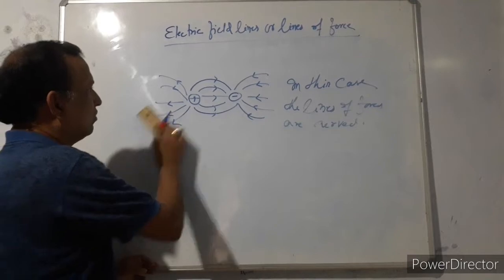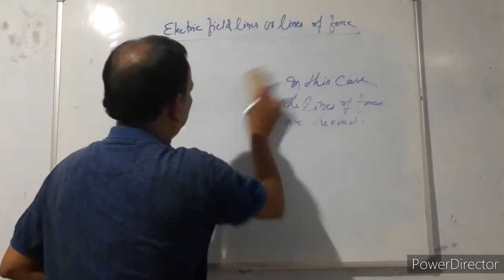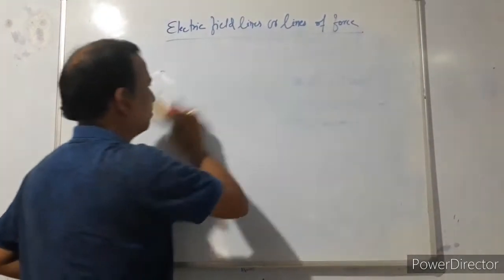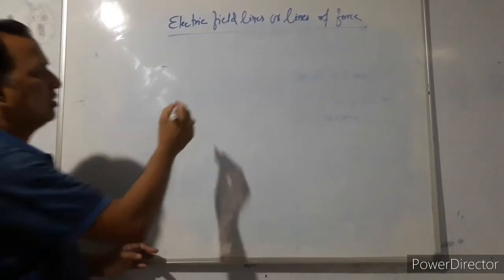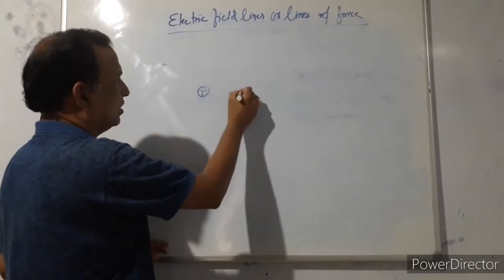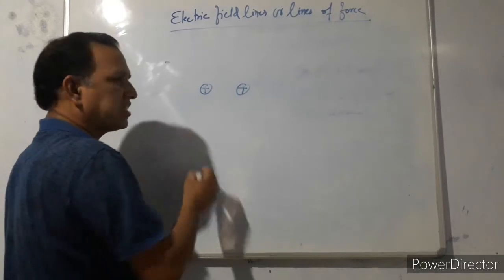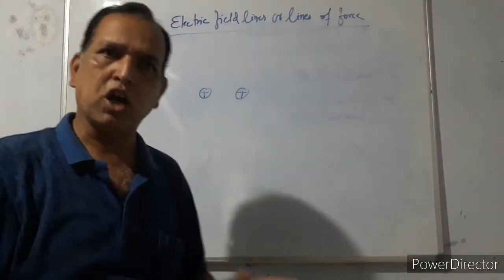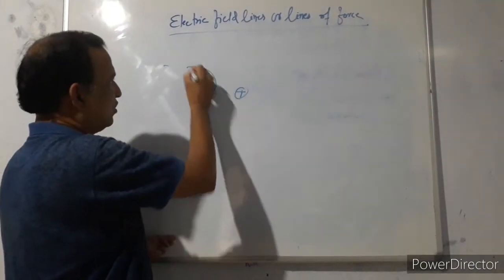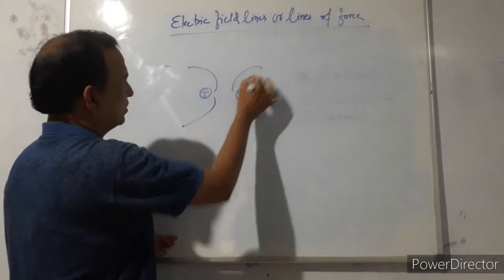Now, for plus and plus, or minus and minus, very close to each other, in this case also the lines of force are curved. But the lines of force are like this, repelled.